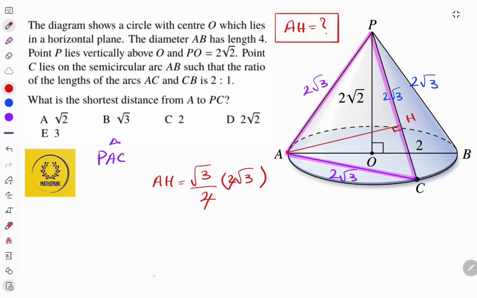I'm going to cancel out these 2's. Root 3 times root 3 is 3, the height of this triangle, which is the shortest distance from A to PC. So our final answer is choice E, 3.